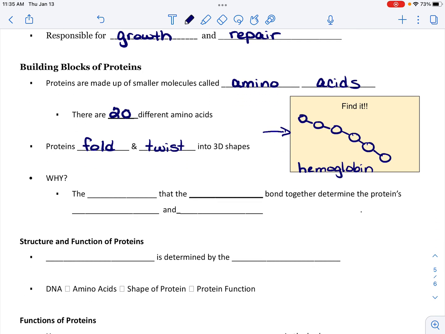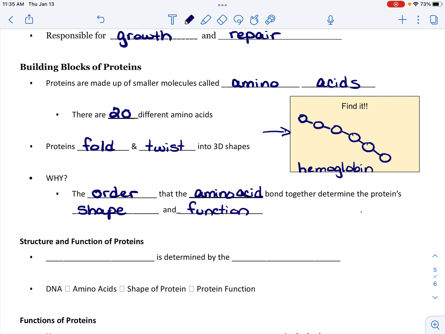So why do they do that? That's because the order of those amino acids, so the order that they bond together, determines the shape of that protein and the function of that protein. So that's really important.